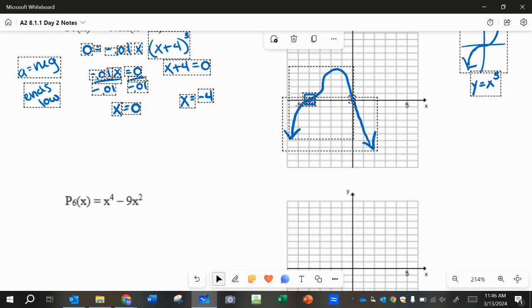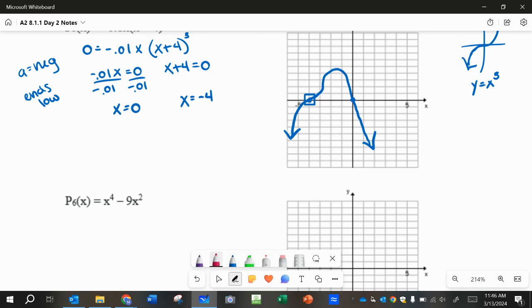Okay, so now this next one, what's different about this one is I see that it's not in factored form. It is in standard form. So if I take this and I look, they both have an x squared, so I can factor that out. So I'm going to factor out an x squared.